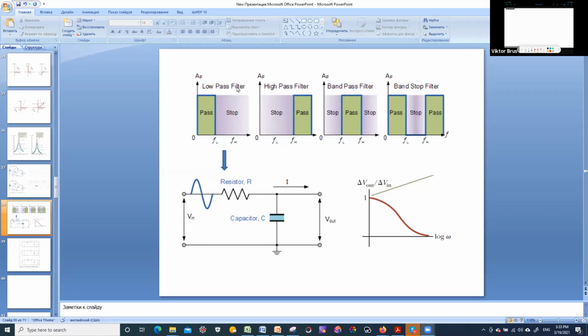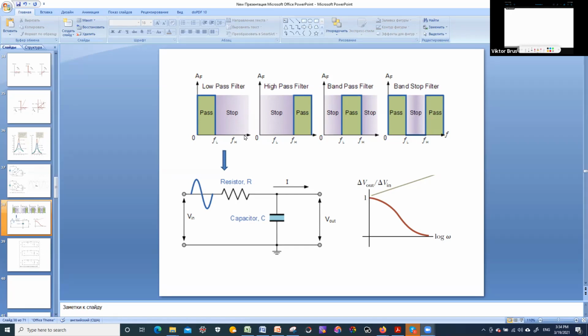So there's the so-called low pass filter. In this case, it allows only low frequencies from 0 to some cutoff frequency to go through the filter, and at frequencies higher than this cutoff frequency, it stops them. So nothing is going through. If we are interested only in low frequencies up to a certain value, then such a low pass filter is the device which will satisfy our needs.